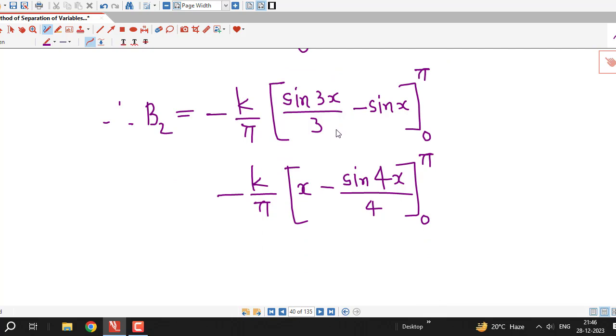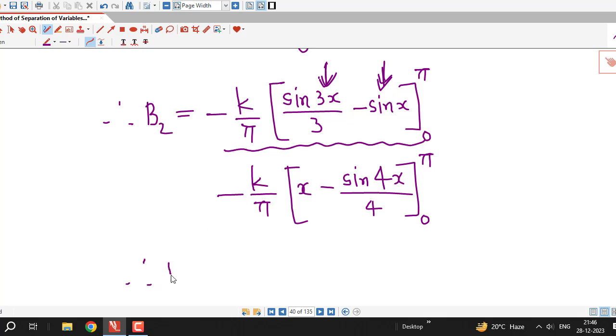Now if I take x equal to pi, here I will have sin 3 pi, this is sin pi, so that will be 0 for x equal to pi. And for x equal to 0 also I will have sin 0, here also sin 0, so this part will be 0.